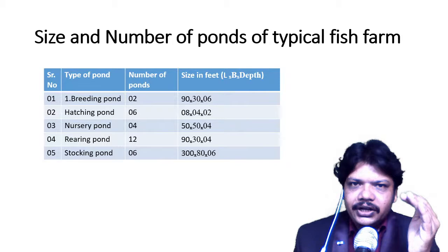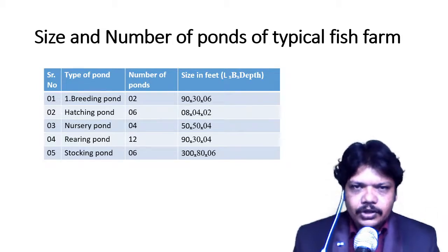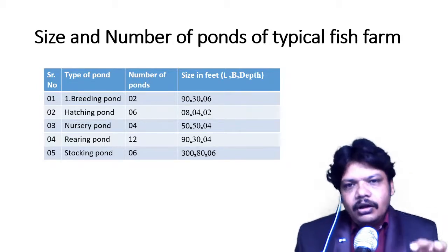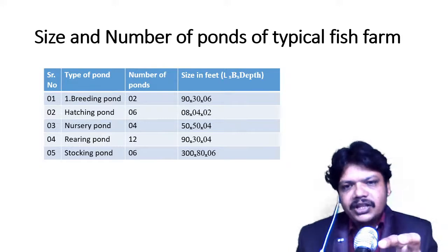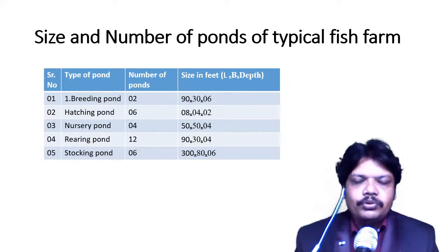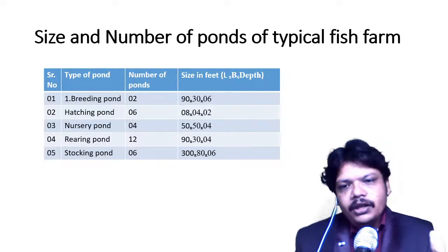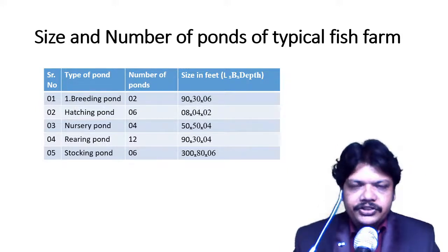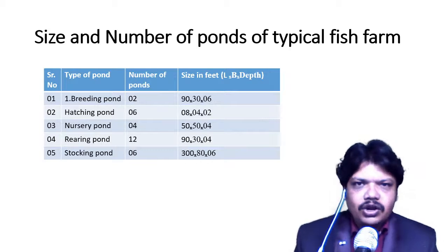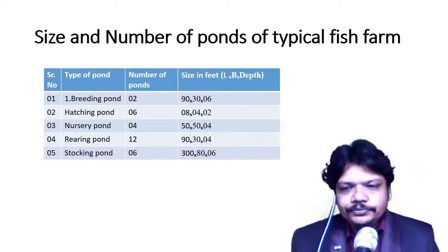So that's why mortality will decrease, not increase. In the nursery pond there is no such cloth, but a net, and in the spawning pool and hatching pool there are cloths surrounding the water and constructed wall.